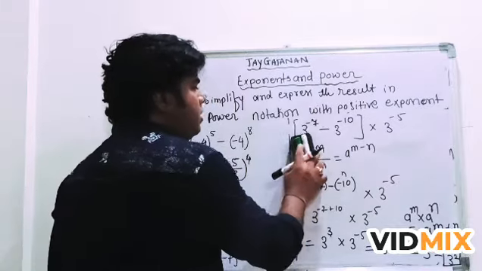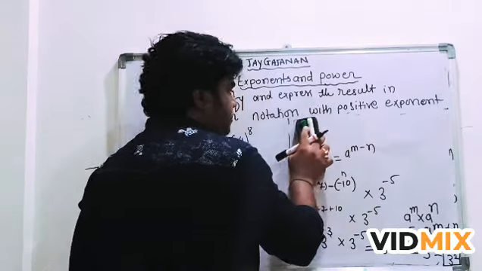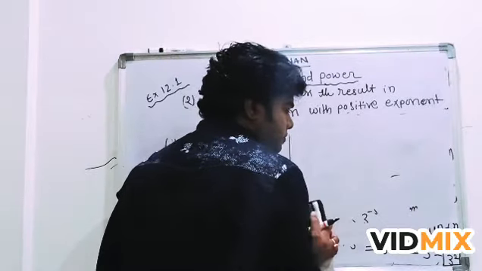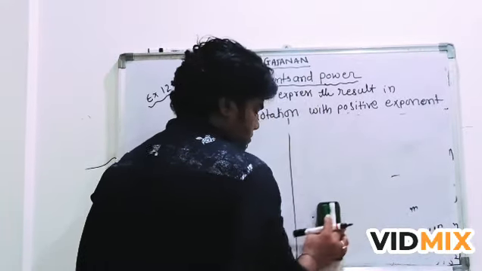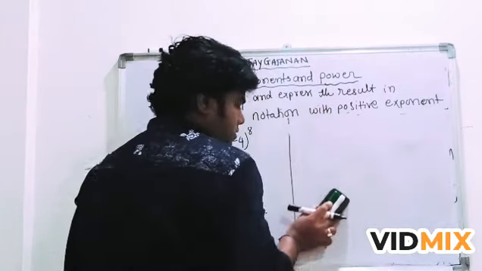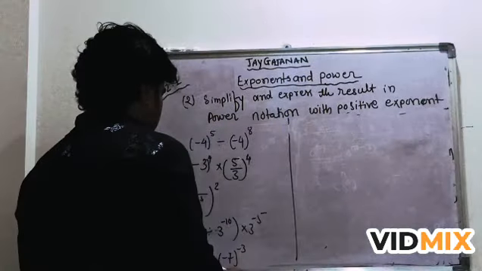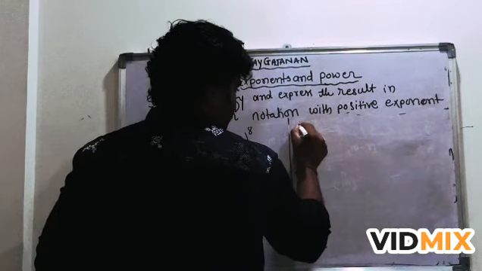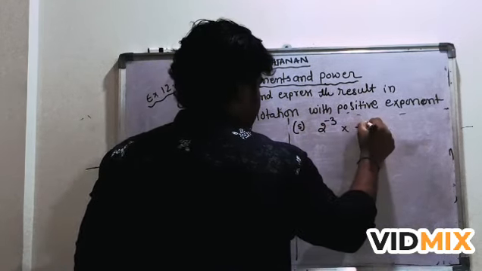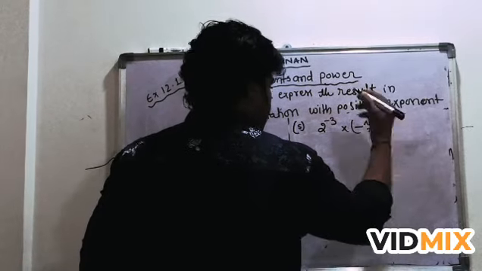Now we'll go to question number 5. Question number 5 gives 2 to the power minus 3 multiplied by minus 7 to the power minus 3.